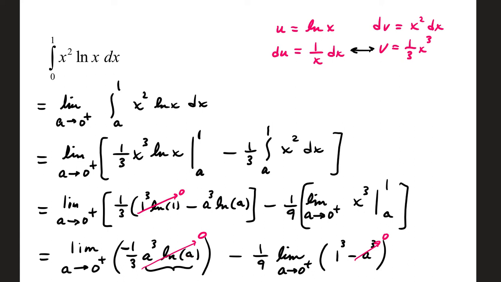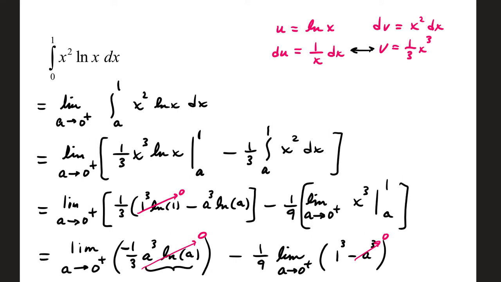Now in class we used our graphing calculator to generate a graph, and we also looked at a table of values, letting a approach 0 from the right with smaller and smaller numbers. We found that to go to 0 as well.